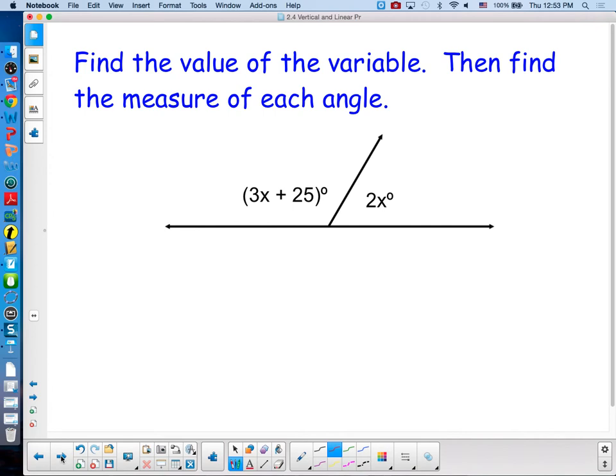Again, find the two angles, and we're going to see if they do add up to 180. All right, so now you can figure it out. Find the two angles. Add it up, right? Okay, good.